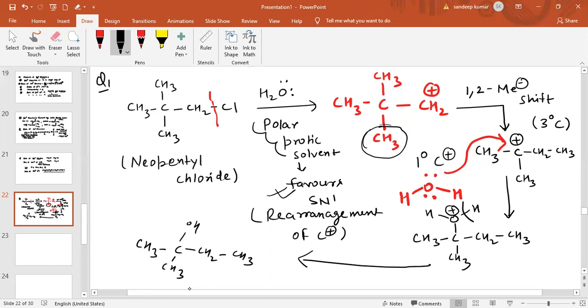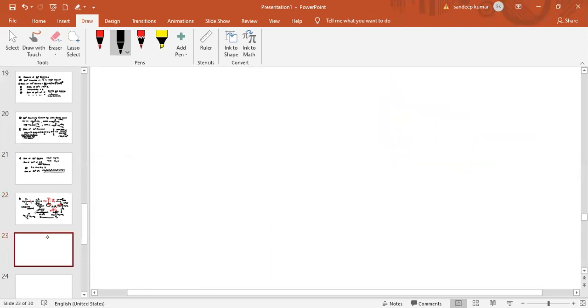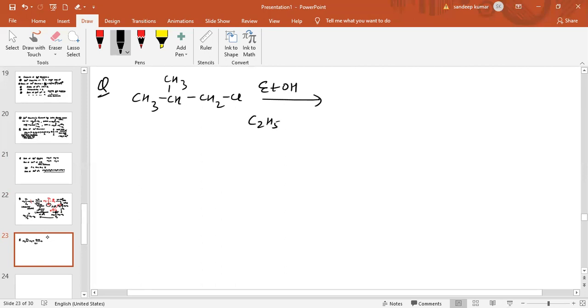Now see another question based on the mechanism. The question is CH3, CH, CH3, CH2, Cl, and the reagent used with this compound is EtOH. EtOH is C2H5OH. This is again a polar protic solvent, and polar protic solvent always favors SN1.